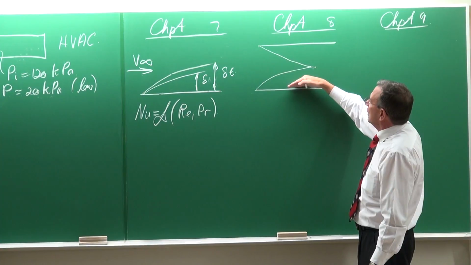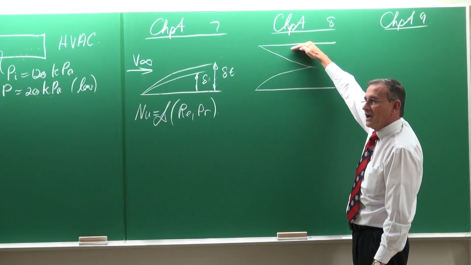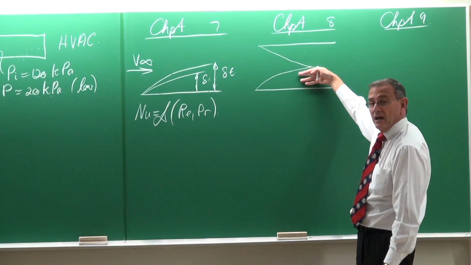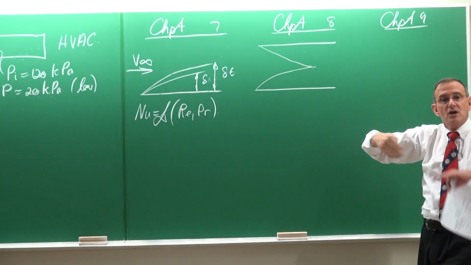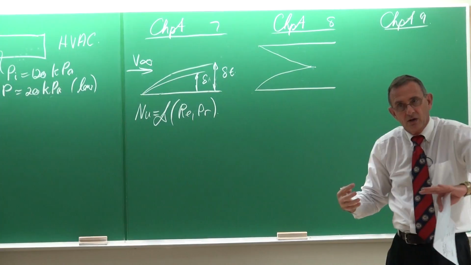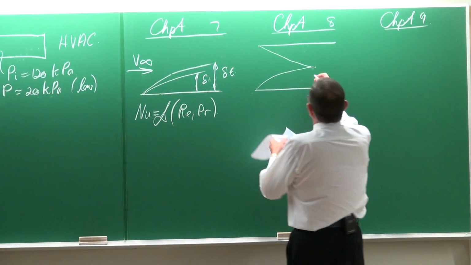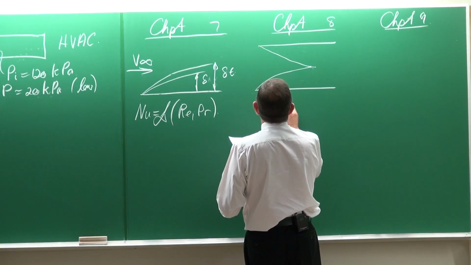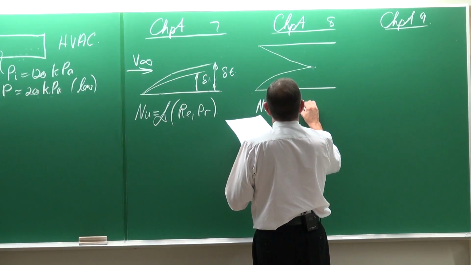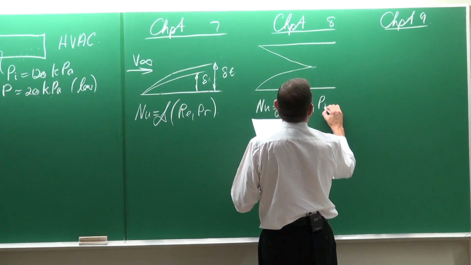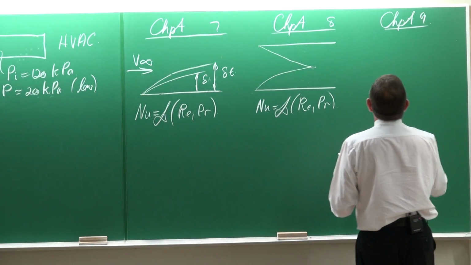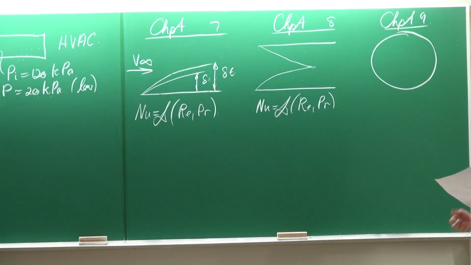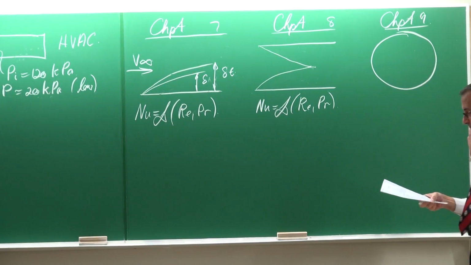With internal flow, the limitation is that one there. However, normally the boundary layer grows from that side also. So normally they sort of meet in the middle. So again, in this chapter, the Nusselt number is going to be a function of the Reynolds number and the Prandtl number. And then chapter 9 is going to be on natural convection.